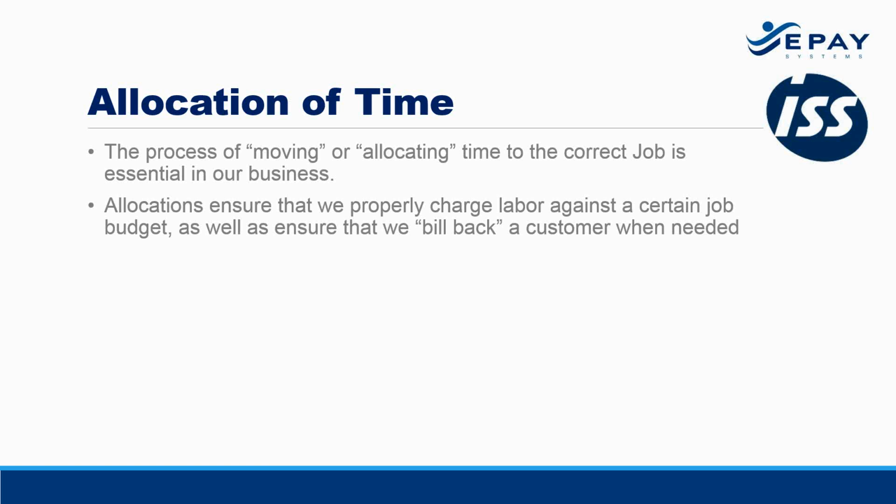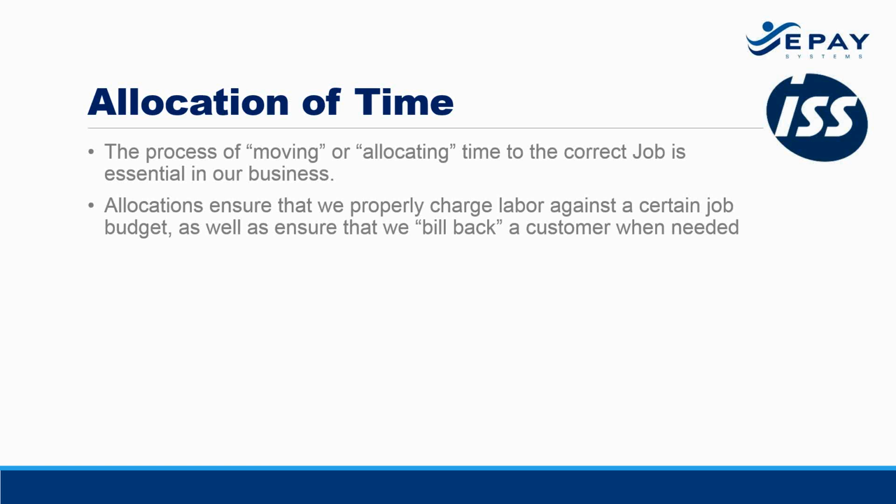Allocations ensure that we properly charge back the labor against a certain labor budget. All of our jobs have labor budgets, and from that we want to keep accurate tracking of that labor. So actuals versus budget becomes very critical in our business. We also want to ensure that we bill back the customer when needed.